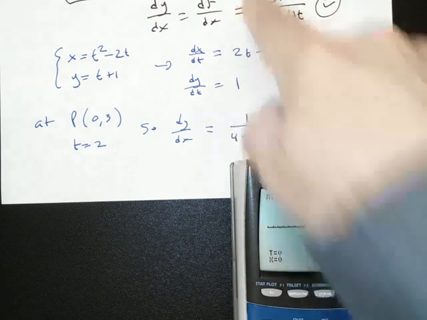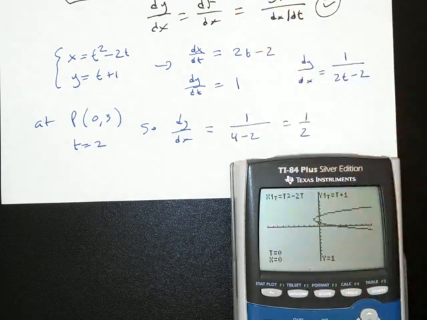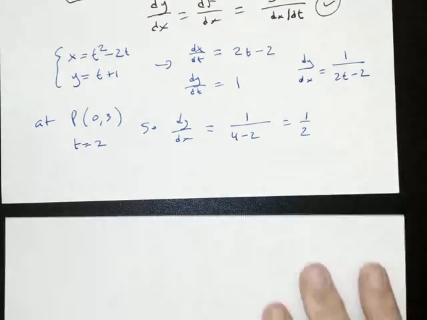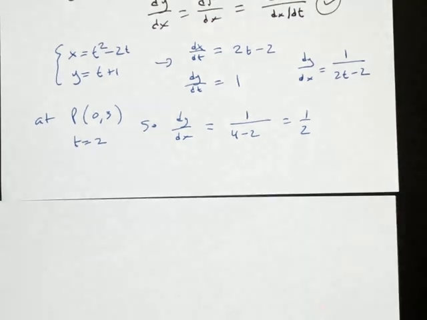I did say we were allowed to divide as long as we weren't dividing by 0. So here's a question for you. What happens if dx dt is 0?